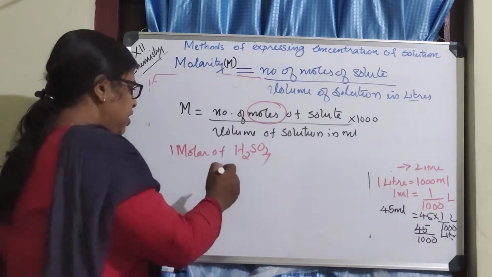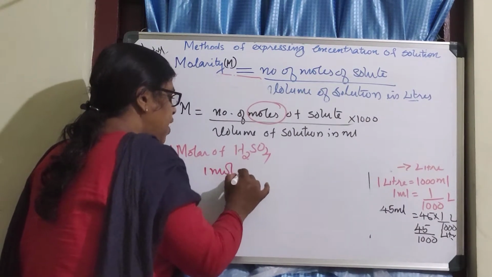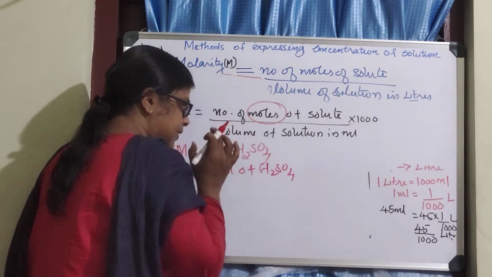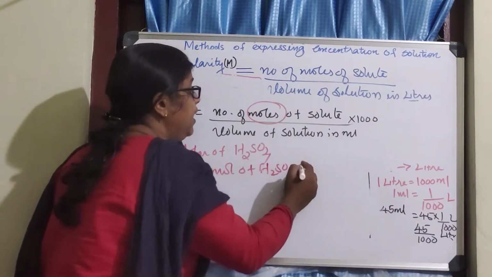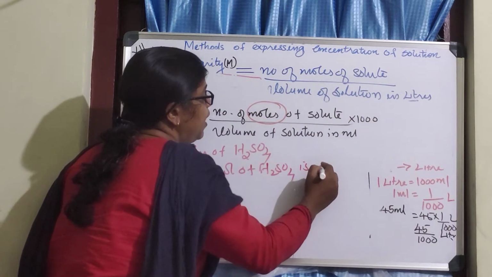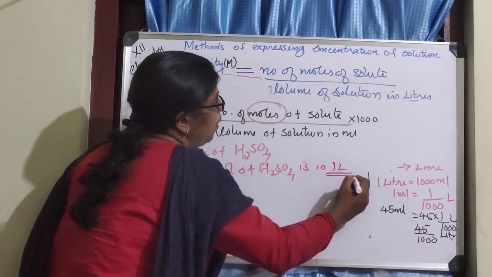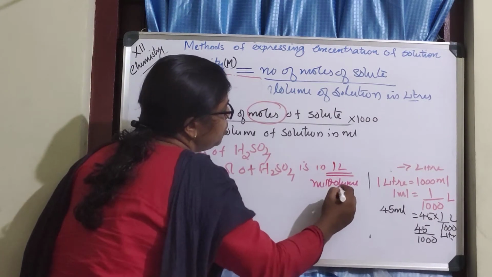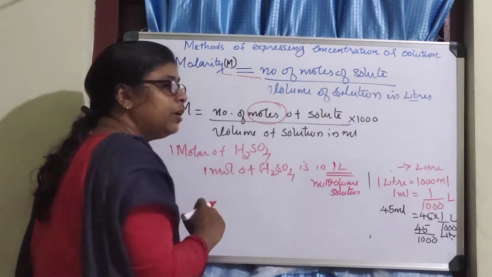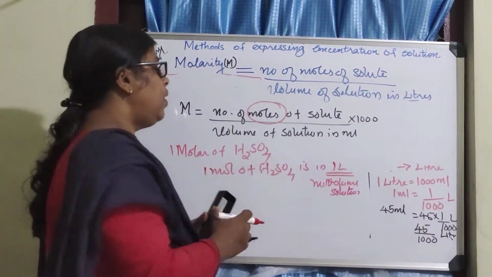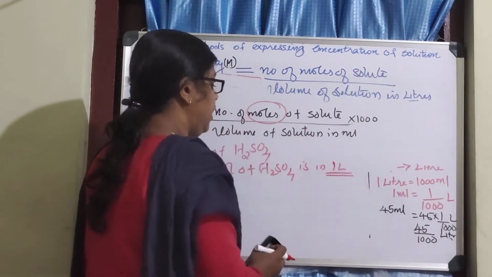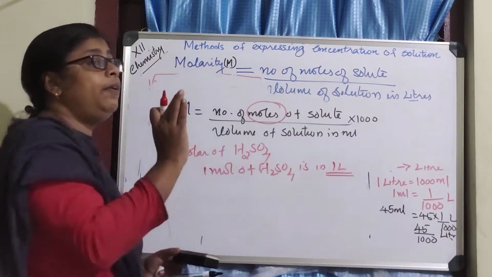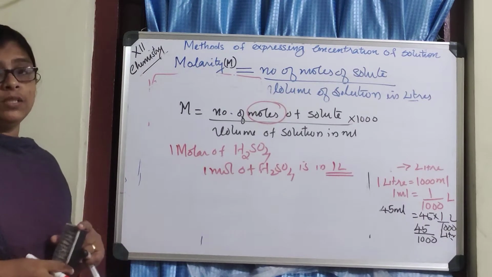See, if 1 mole of sulfuric acid, H2SO4, is dissolved such that the net volume of the solution, comprised of solvent and solute, is 1 liter, then we can say that it is a 1 molar solution.